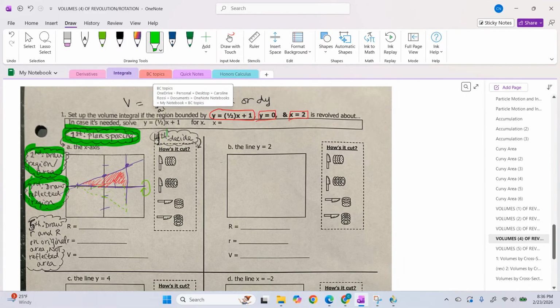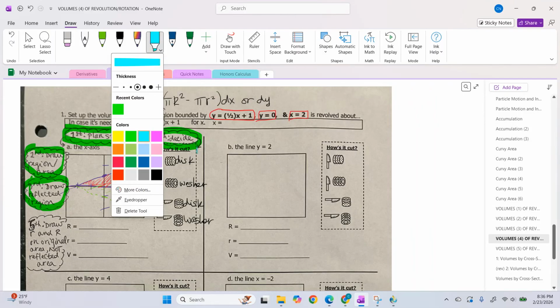So we're going to decide how we're going to cut this up in order to get circles. And then you have to decide, is it going to be a disc or a washer? In a few minutes, we're going to chop horizontally to get discs and washers. So far, you've only done this cutting it up vertically.